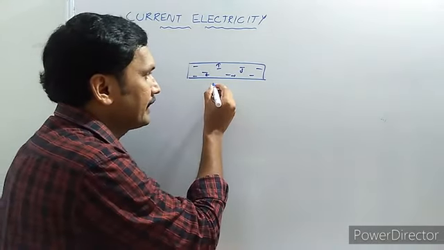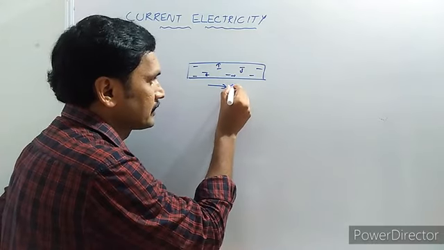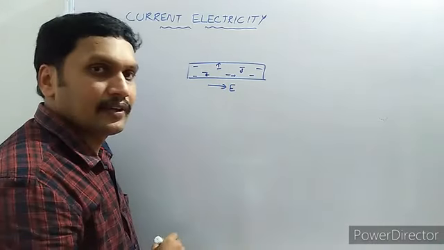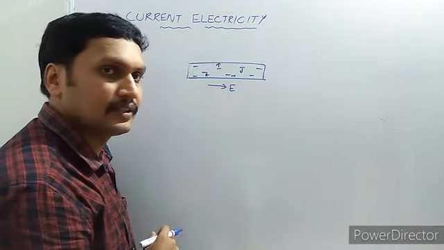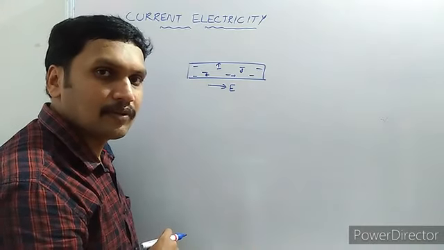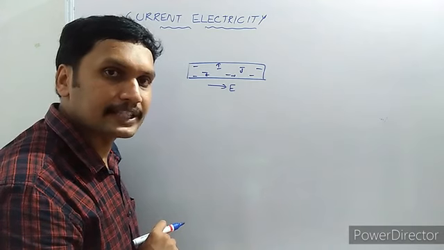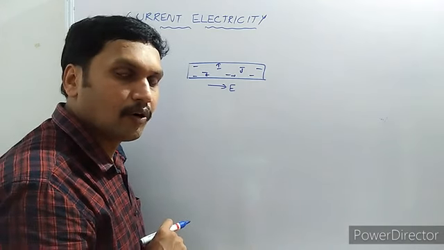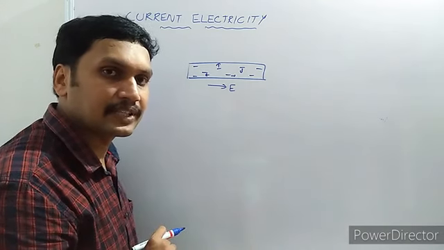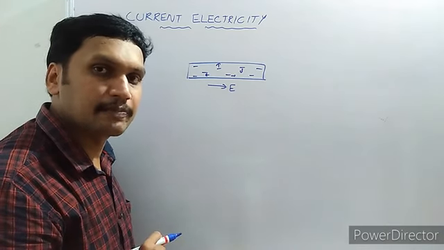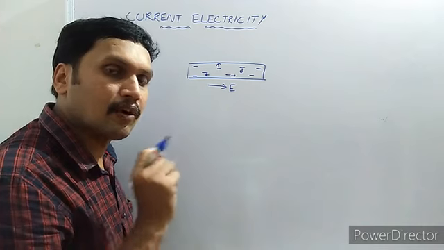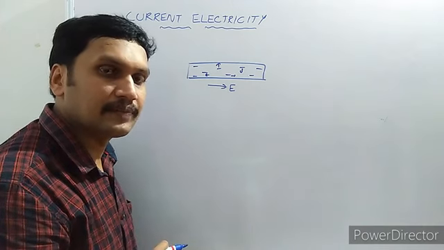But if you apply an electric field in this direction, suppose now this conductor is in an electric field towards this side, then all the electrons experience a force opposite to the direction of this electric field.